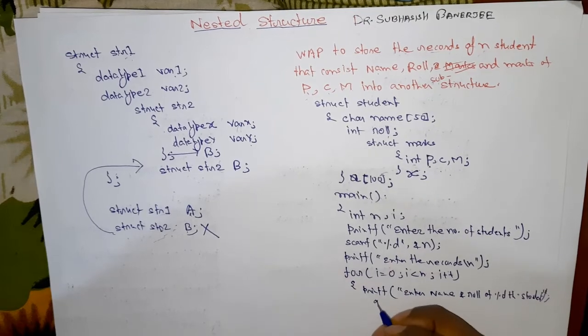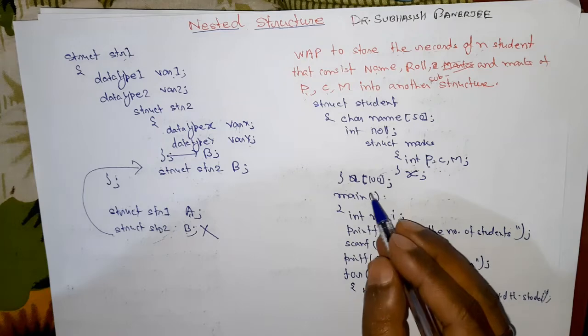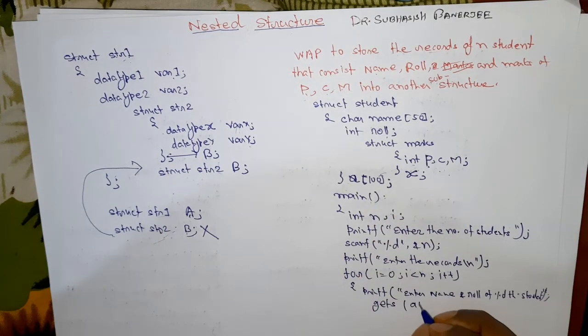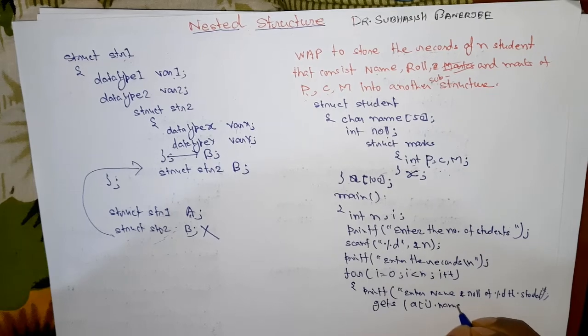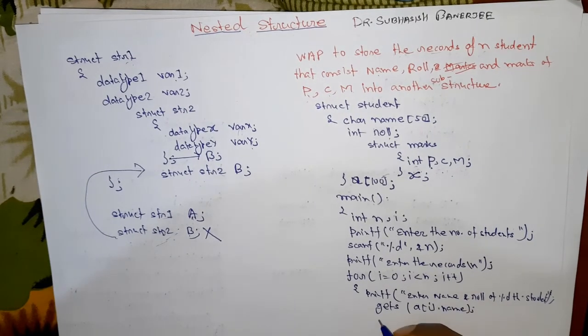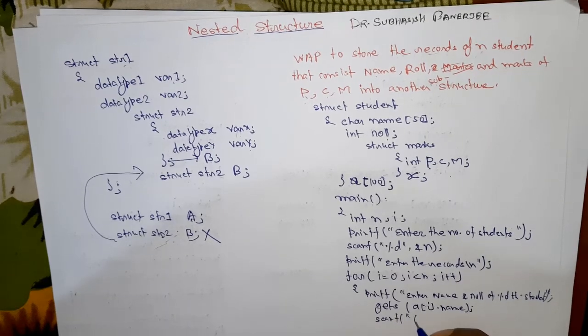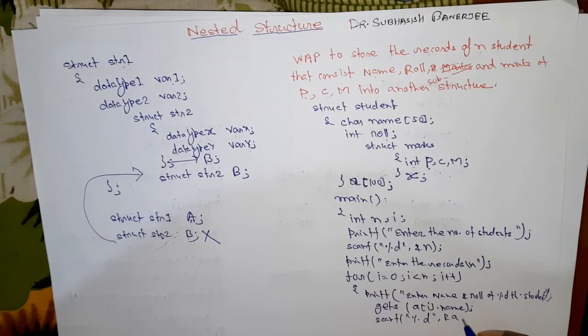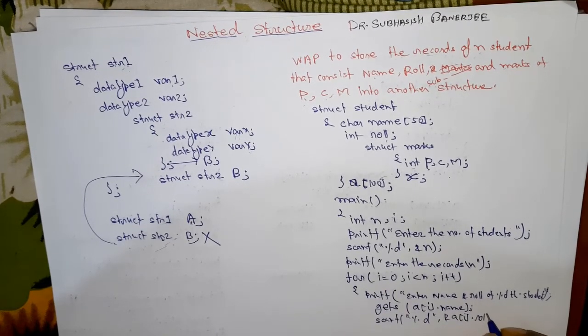So gets, that is a[i].name. Here we'll take the input as the name, and to take the roll number, scanf %d of &a[i].roll.